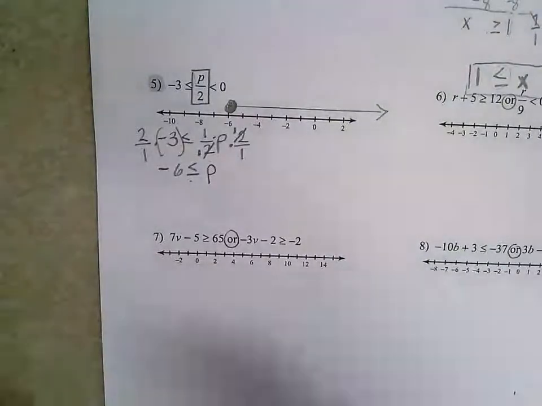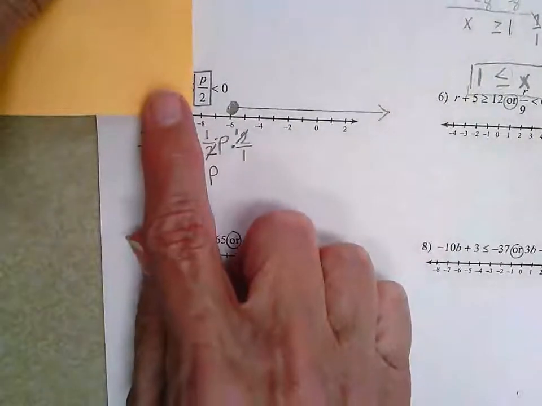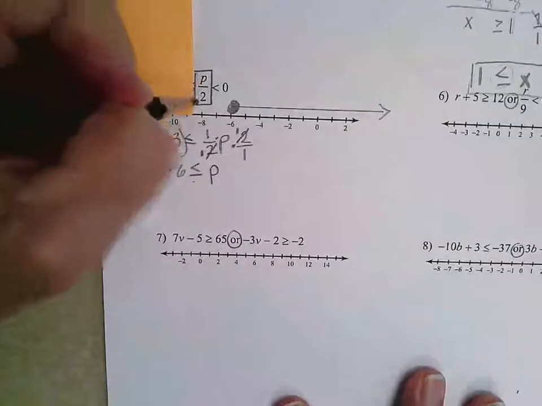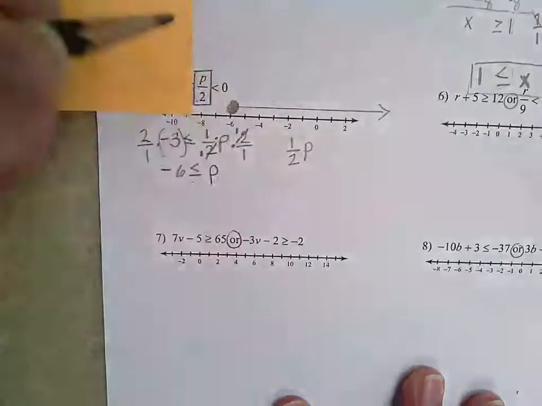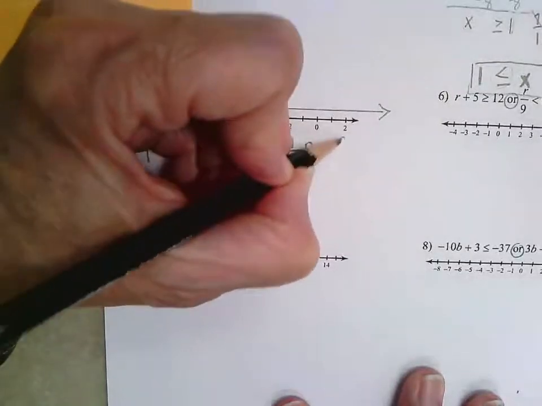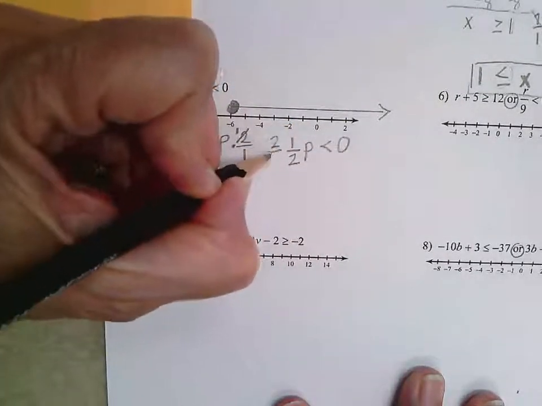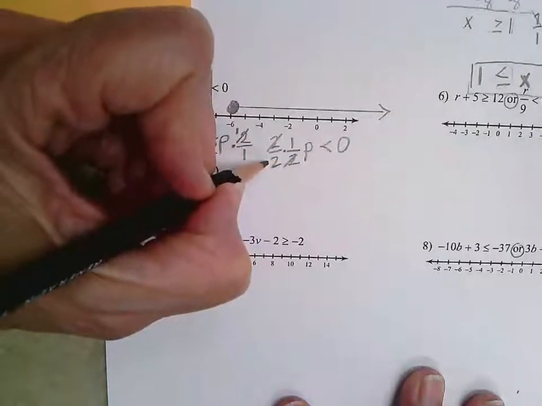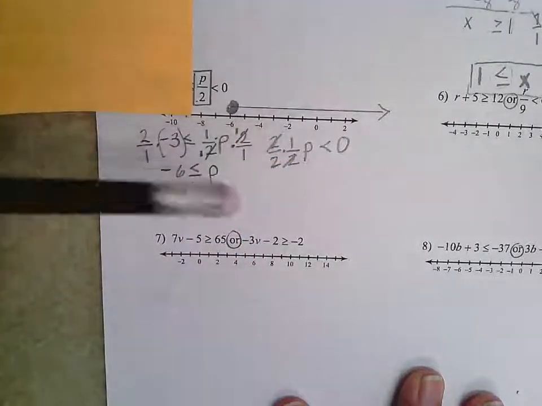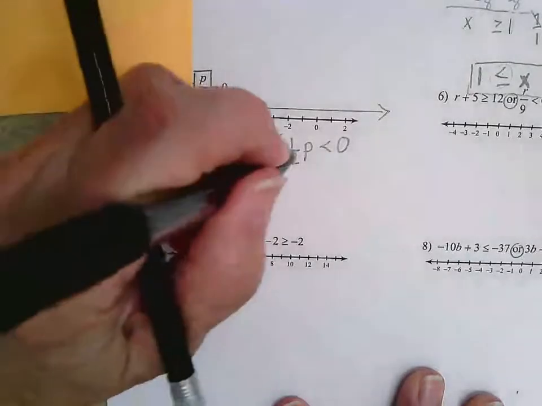So now I'm going to solve the other side, and I'm going to write again 1/2 p is less than 0. So I'm going to multiply both sides by 2/1.